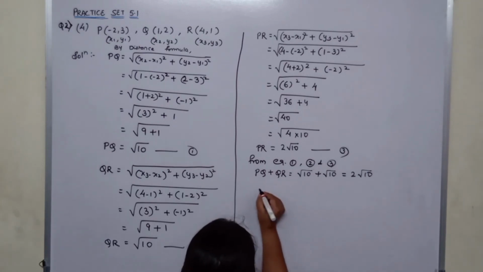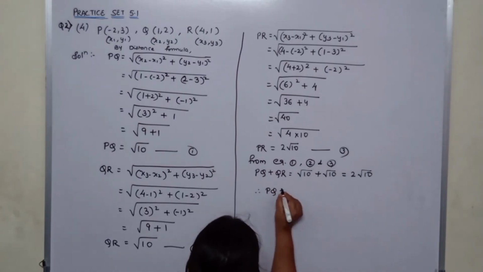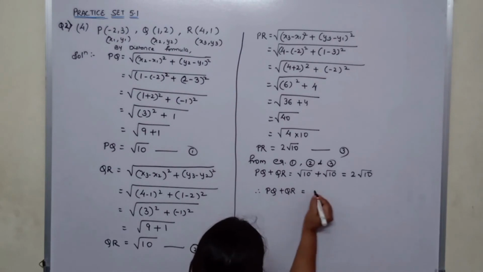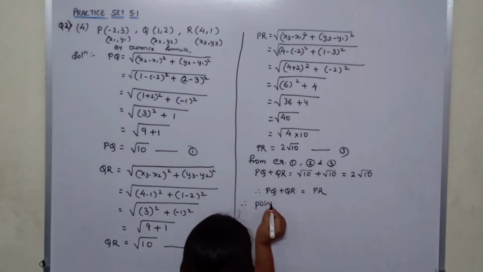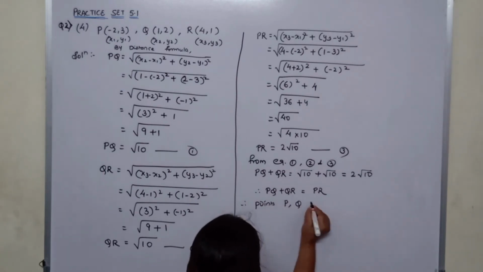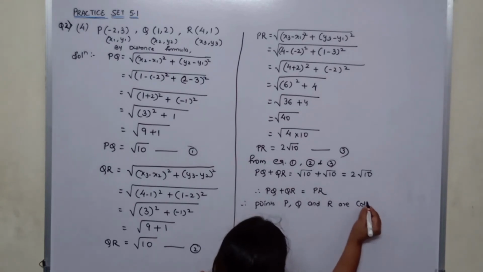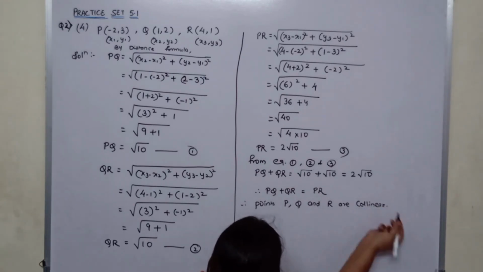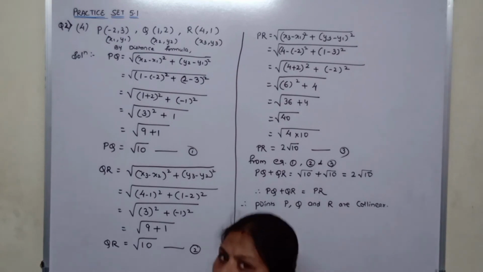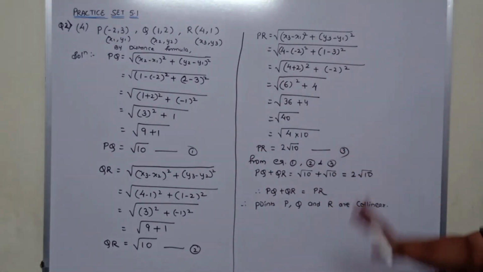Therefore, PQ plus QR is equal to PR. Therefore, points P, Q and R are collinear, and Q lies between P and R. So, take the snapshot.